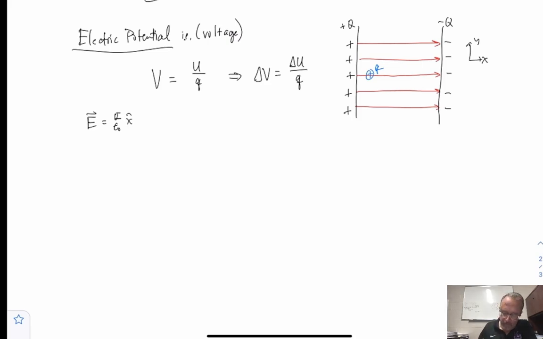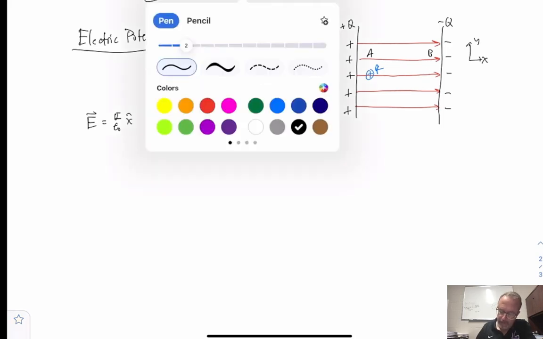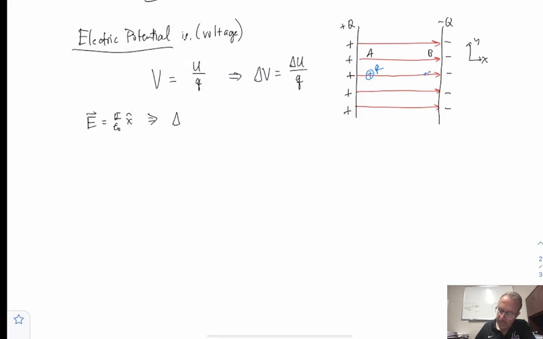Let's go ahead and calculate the electric potential energy here. Let's say I'm moving the charge from A to B, and it's going to end up there.